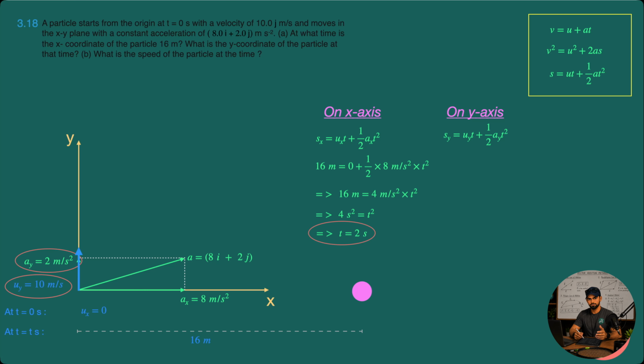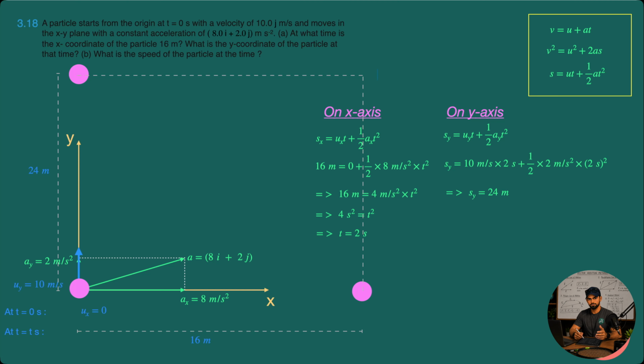Substituting the values, Sy equals 10 times 2 plus half times 2 times 2 squared. On solving, we get Sy equal to 24 meters. This means, after 2 seconds, the particle has traveled 24 meters along the y-axis. Therefore, the coordinates of the particle at t equal to 2 seconds are (16, 24).